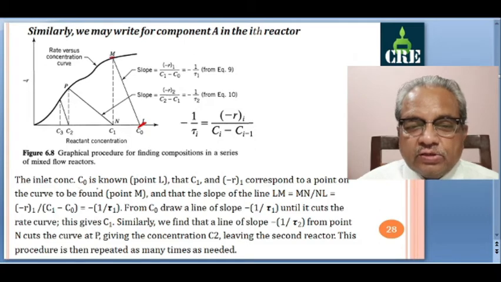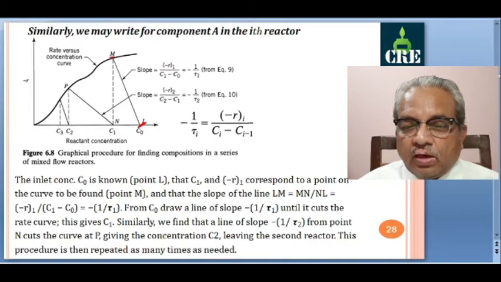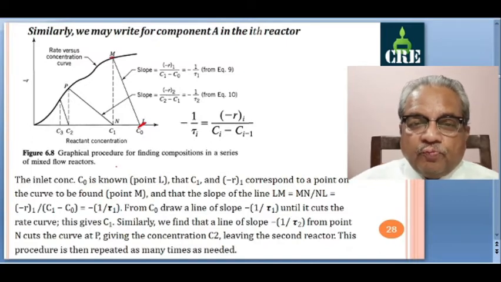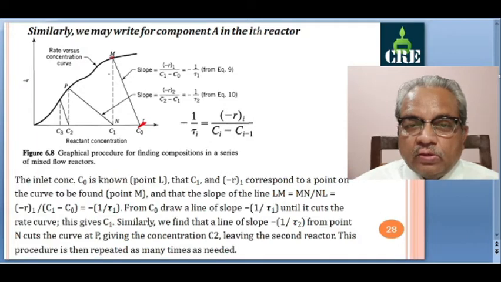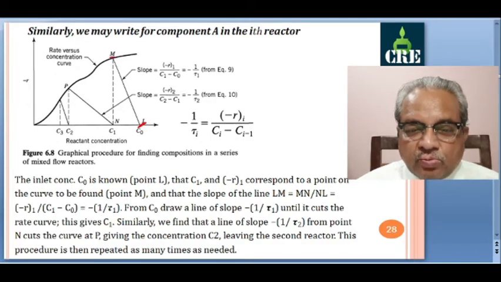Inlet concentration C0 is known, that is point L. C1 and minus R1 correspond to a point on the curve which is to be found. This M is to be found, and the slope of the line LM is dy by dx, MN by NL, and that is equal to minus 1 by tau 1.